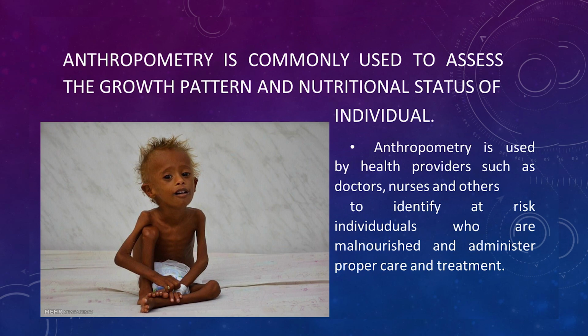Anthropometry is commonly used to assess the growth pattern and nutritional status of the individual. As I have already told you, we see whether the child is growing normally or not, whether the child has low birth weight, stunting, undergrowth or underweight, or sometimes overweight and obesity. Whatever the disease of the child, the maldevelopment or overdevelopment, we diagnose using anthropometry.